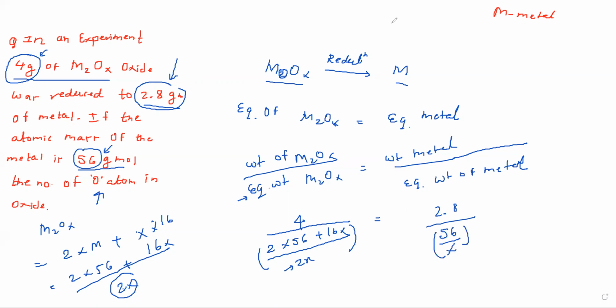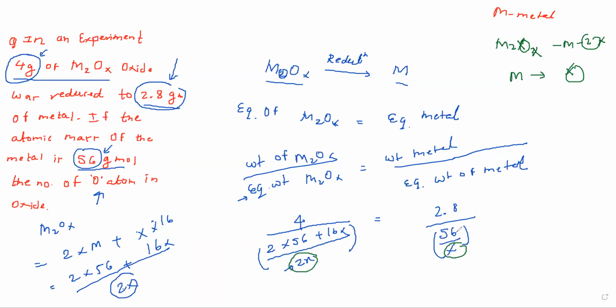See here. In the case of M2OX, how many metals are there? Two. And in case of only metal, how many x are there? Only one x. So that's why the equivalent weight has 2x here and only x here.